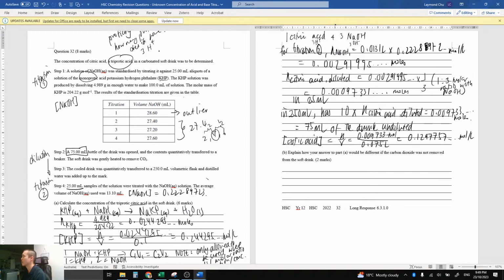Now, nearly there. We need the units, and we need to round to the lowest sig fig that we use. So we want to round it to 4 sig figs. So that's 0.1298 moles per liter, 4 sig fig. Okay, that was a pretty long question, but hey, it's worth the 6 marks there.